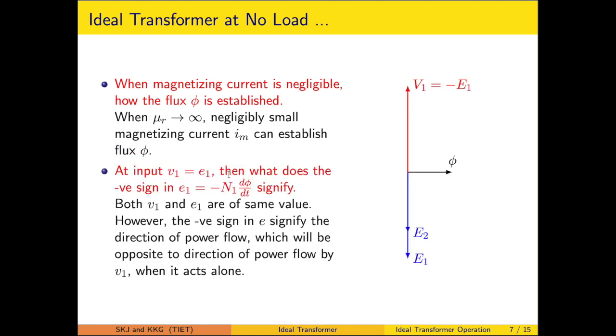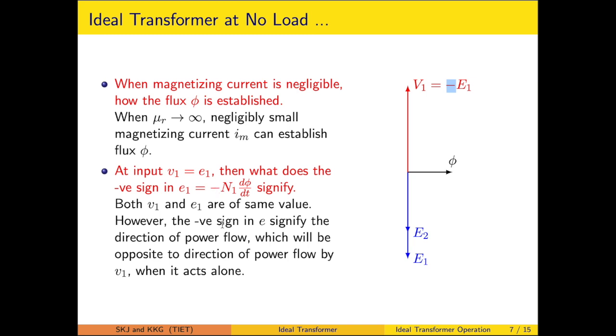Now another aspect that we need to clarify: at one point we write V1 is equal to E1, and at another time we put this negative sign. What is the significance and what does it correspond to? Certainly the magnitudes are equal, but this negative sign signifies the direction of the power flow when the induced EMF is acting alone.